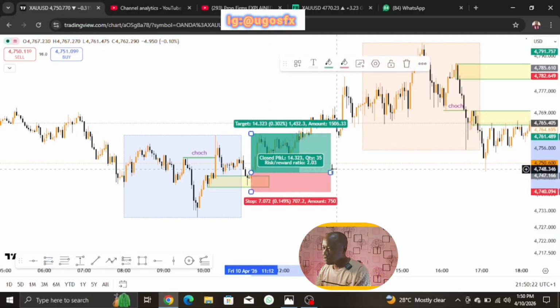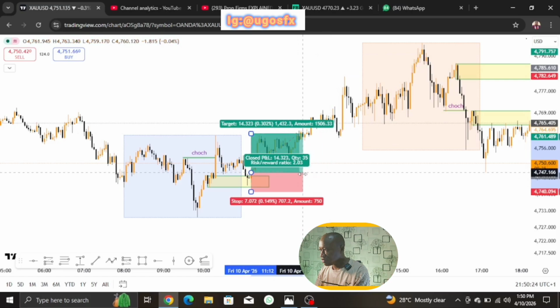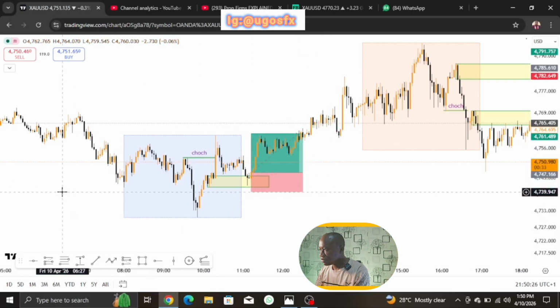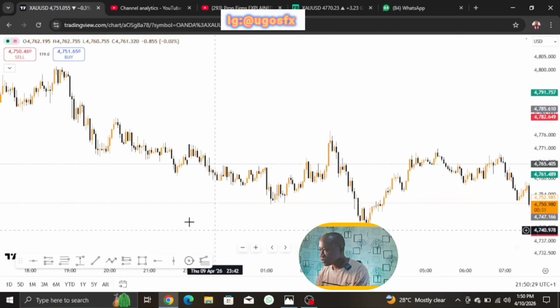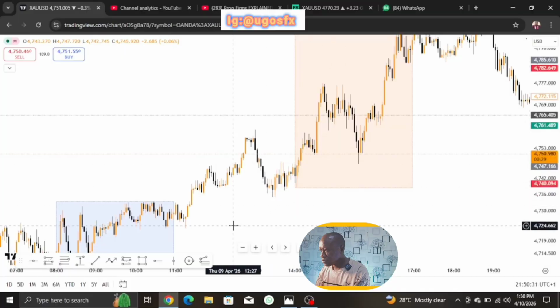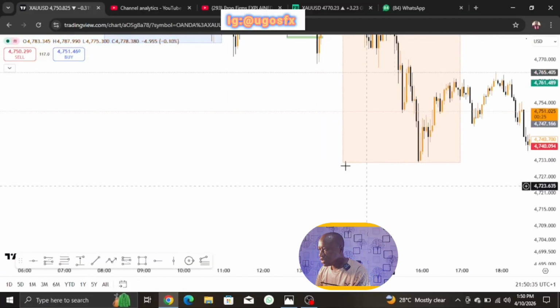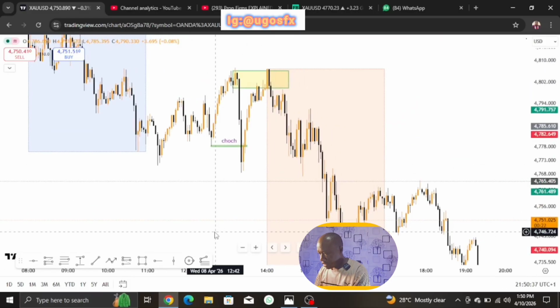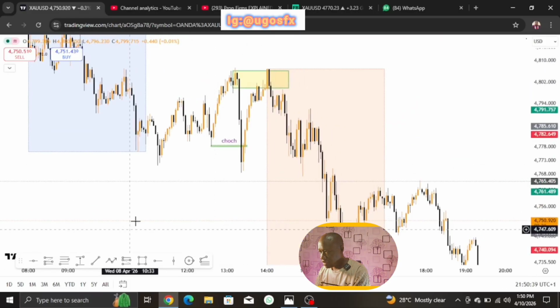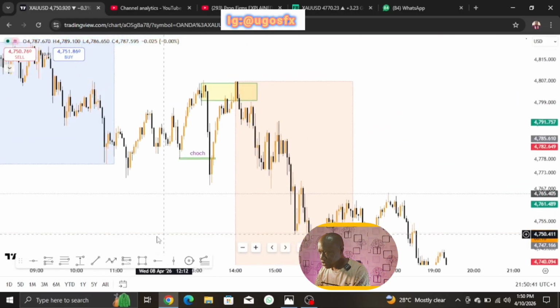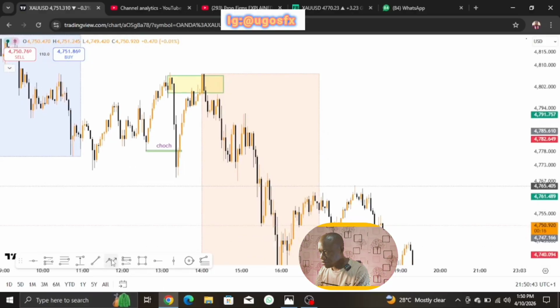Okay. Now let's try another example. Okay. So this particular one. Now look at it clearly. When price got here, price started lower low, lower high, lower low, higher high.